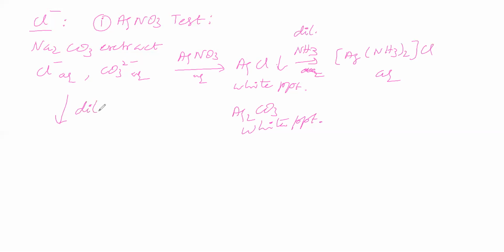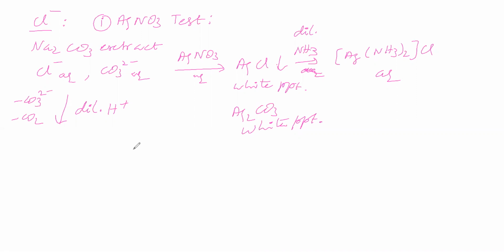By adding dilute acid. We know that chloride is not coming under the dilute acid test. In the dilute acid test, which anions are coming? Carbonate, sulfide, nitrite. So we can add dilute acid in order to remove carbonate as carbon dioxide.